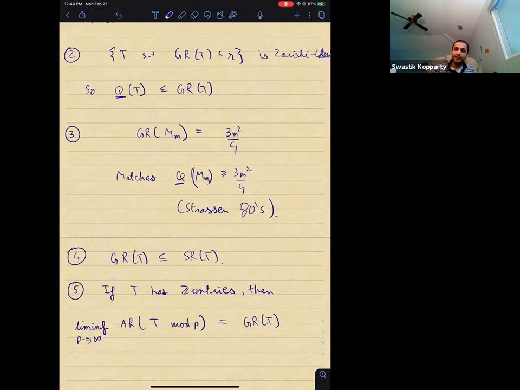So if you take a tensor over the integers and you look at it mod P, and you compute the analytic ranks that you get, then as P goes to infinity, they infinitely often go to the geometric rank. They can go higher, but good. So these are the statements.